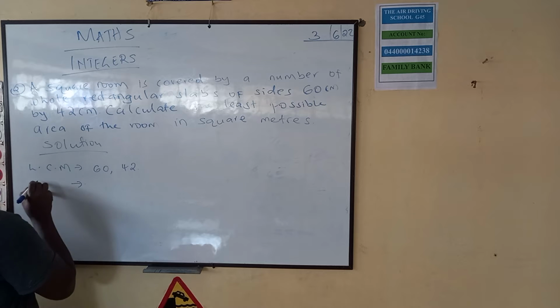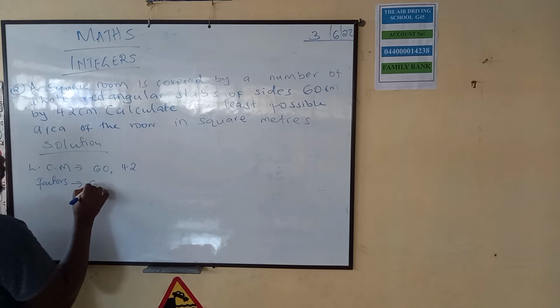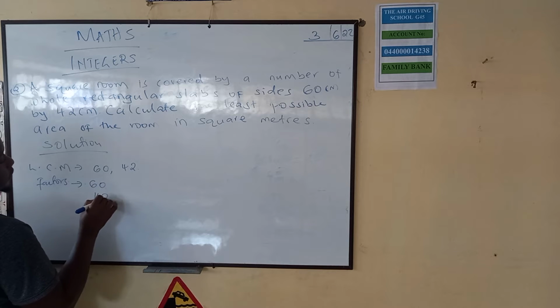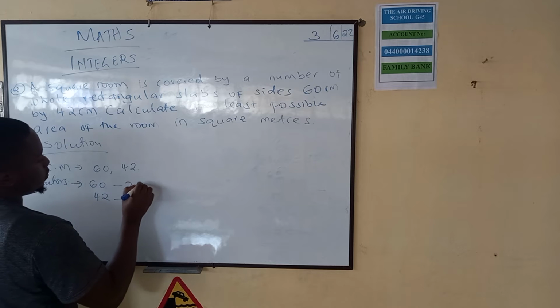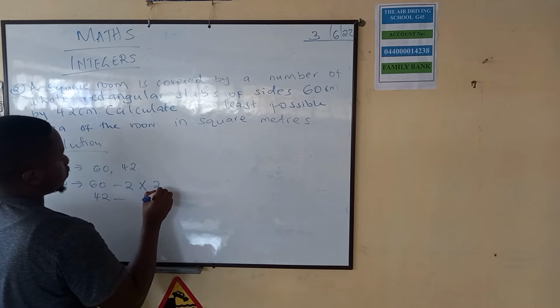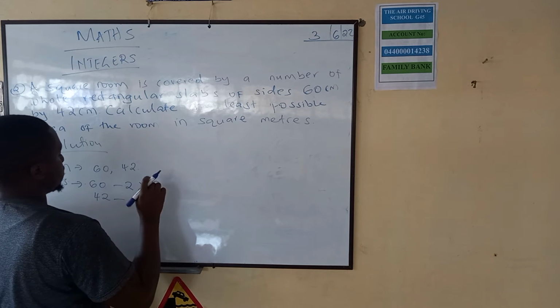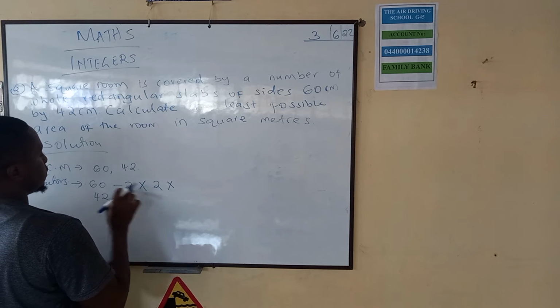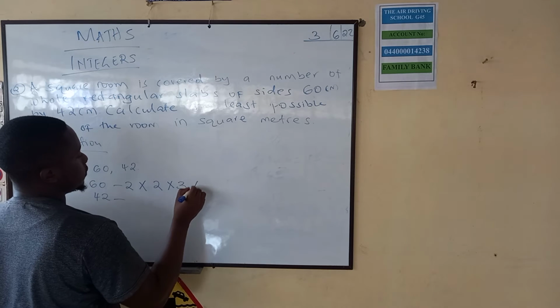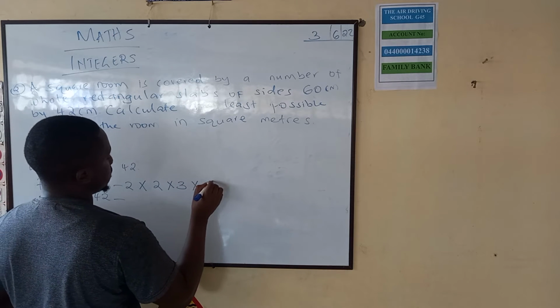Let's find the factors first, of 60 and of 42. What are the factors of 60? We have 2 times 2 times 3 times 5.